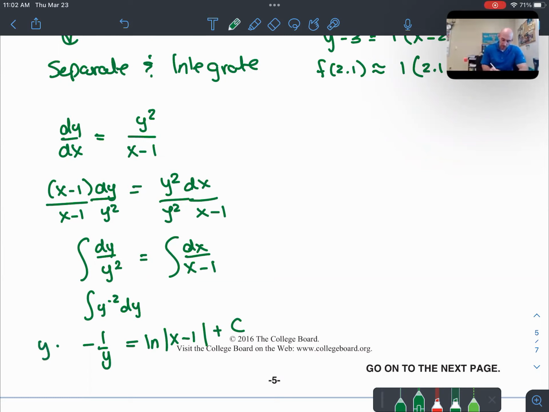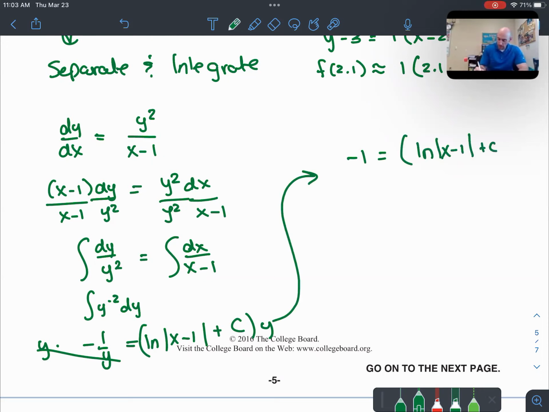So if I multiply by y, so I'm going to bring it back up here. So I got negative 1 equals all of that. And then I'm going to divide. So y equals negative 1 over natural log absolute value of x minus 1 plus c.